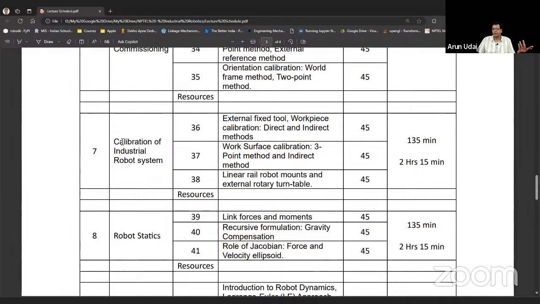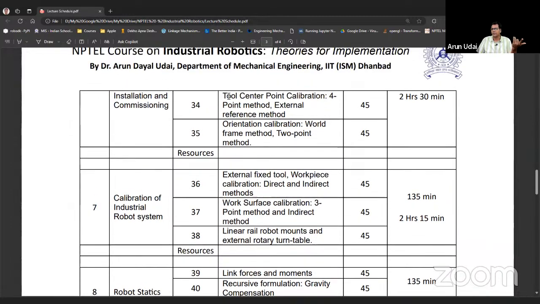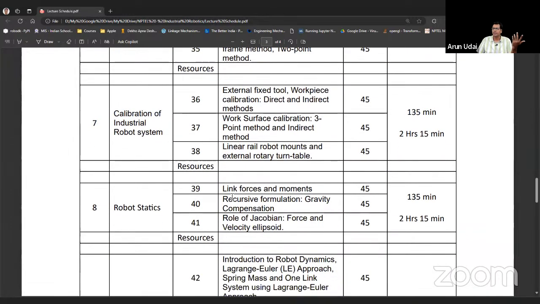Again, calibration of the industrial robot system is very important before you put your robot to use. Tool TCP calibration is one of them, and then you have external fixed tool, workpiece calibration, turntable calibration, and linear rail calibration. If there is a linear rail, you should know the orientation of your robot with respect to it, so that the end effector can position well with respect to the linear rail base frame.